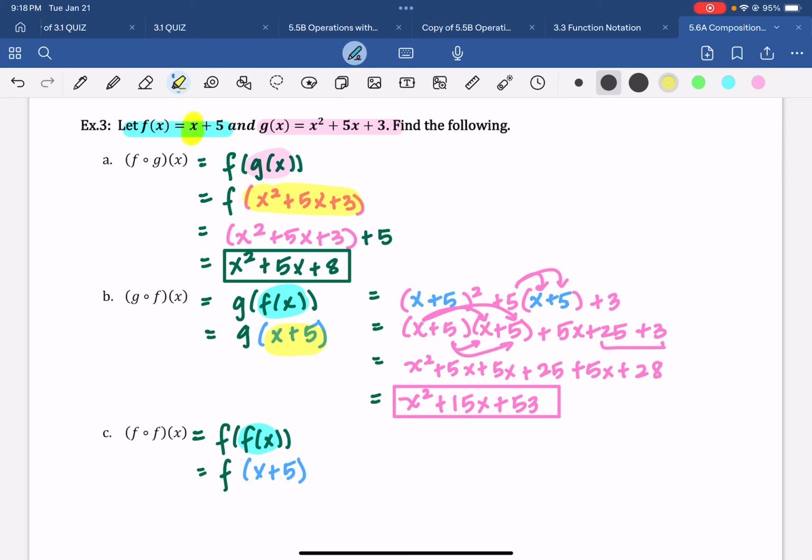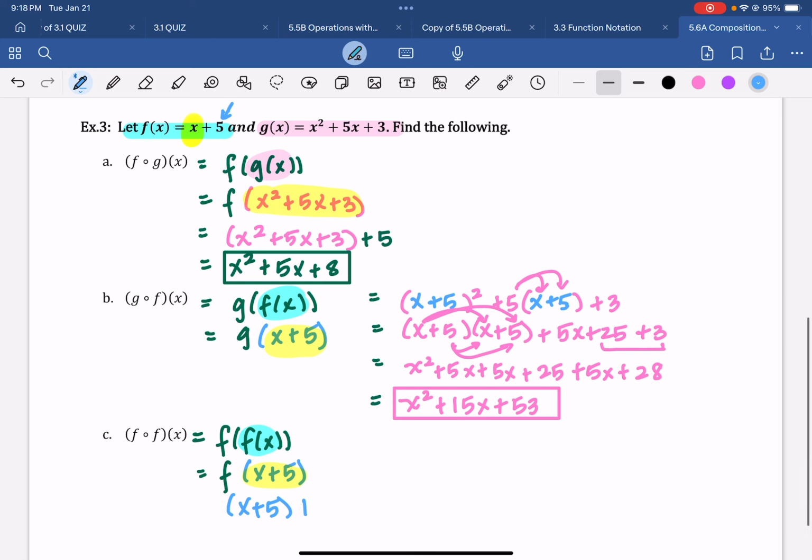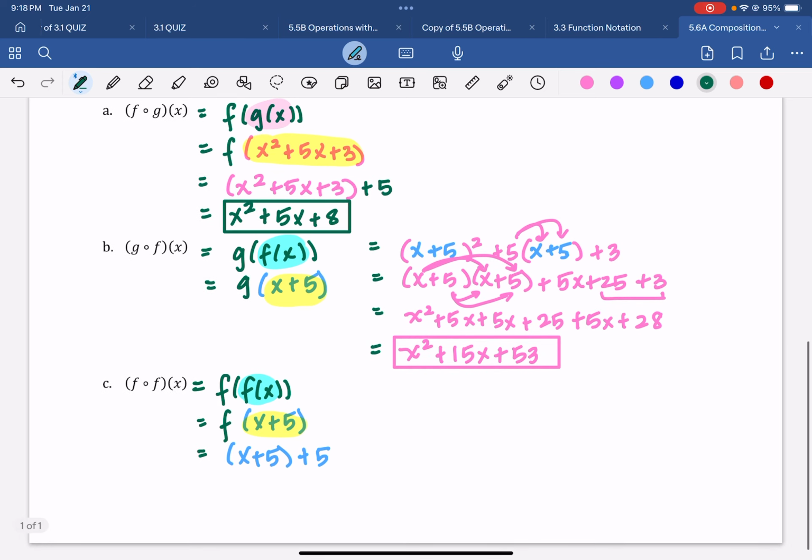So wherever I see x, which there's only one, I'm going to put parentheses, and into those parentheses we're going to substitute what we just substituted inside of there, this guy. And then notice there's still a plus 5 on the outside of that, so plus 5. And simplifying this much faster than the previous one, your answer is simply x plus 10.